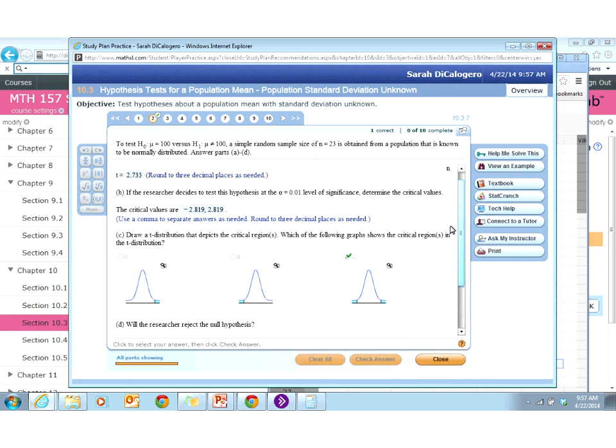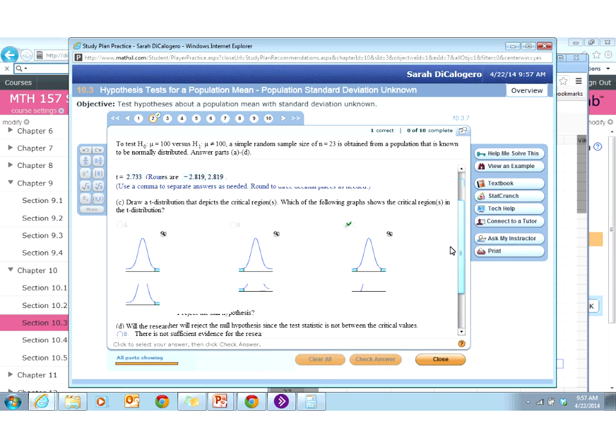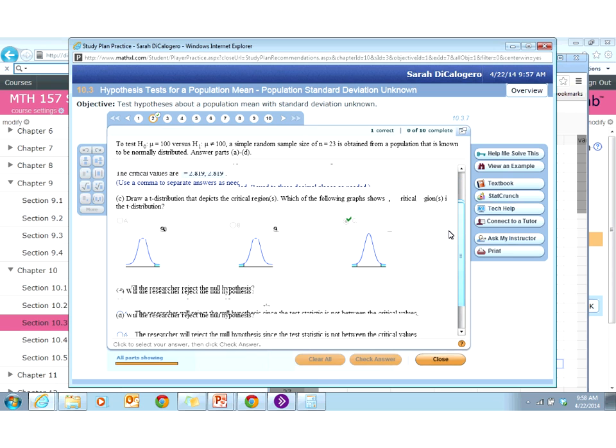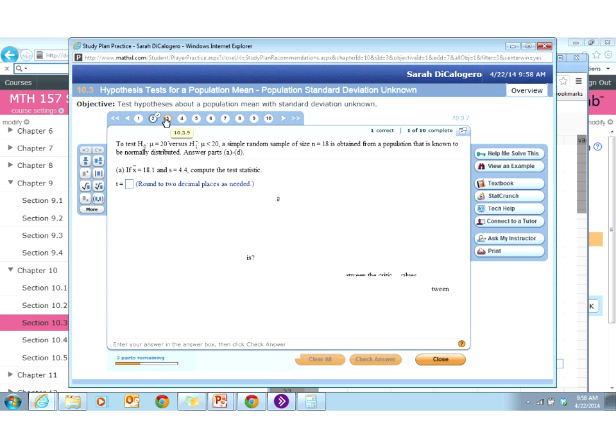So we're not going to reject the null, because if you look, negative 2.819 and 2.819, we're looking for 2.733, which is not in the tails. So there is not sufficient evidence for the researcher to reject the null, since the test statistic is between the critical values. There we go.